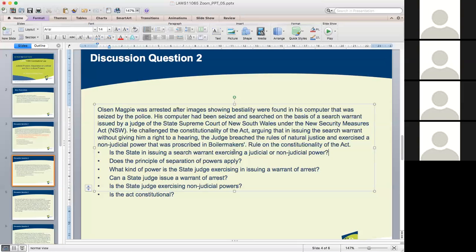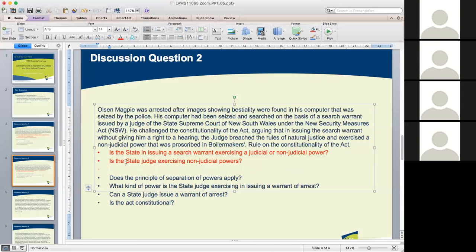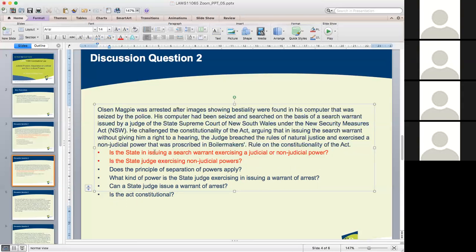Hang on. Have you asked that question before? Okay, so we had this earlier. Is the state judge exercising non-judicial powers? That's yes or no. But the issue identified by Mary Ann is different, because the way she articulated the question was, is the state judge in issuing a search warrant exercising a judicial or non-judicial power?